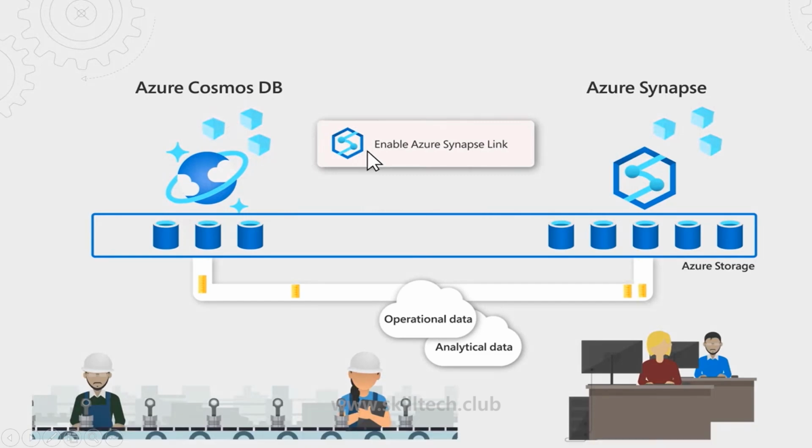Let's say you have Azure Cosmos DB and Azure Synapse both deployed on your Azure portal. Cosmos DB is obviously going to have your data on which maybe you want to do some transactional workload and execute some queries, and there are maybe some applications and devices which are trying to do some transactional workloads on your operational data in the Cosmos DB.